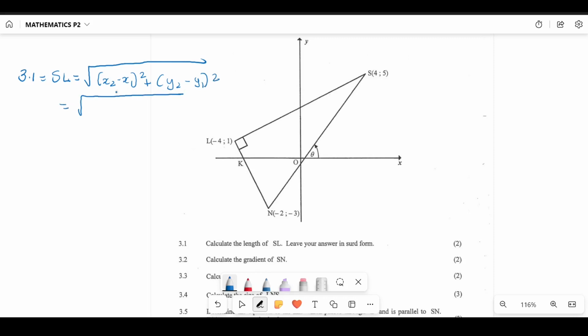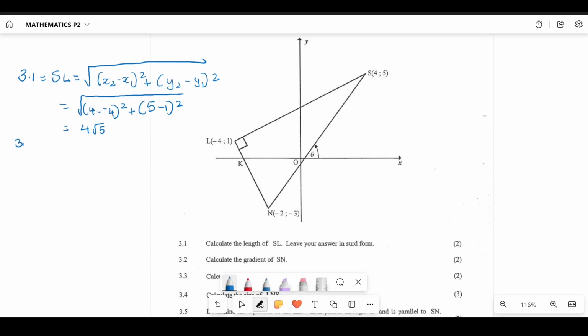In this case it's S and L, so it's (4 minus 4) squared plus (5 minus 1) squared. When you put this in the calculator, and you only want the answer in surd form, the answer is 4 root 5, 2 marks.